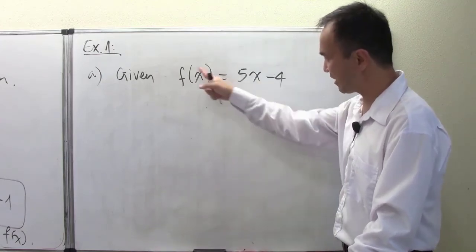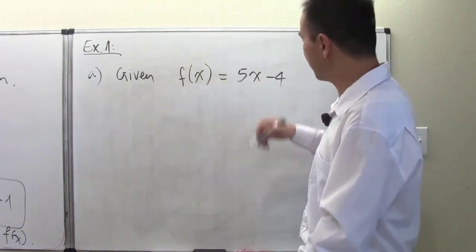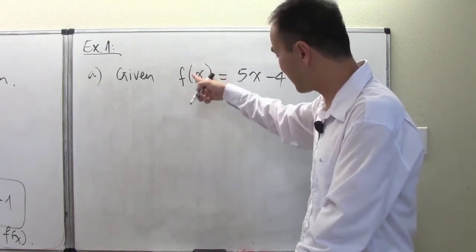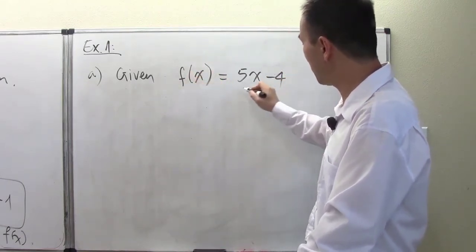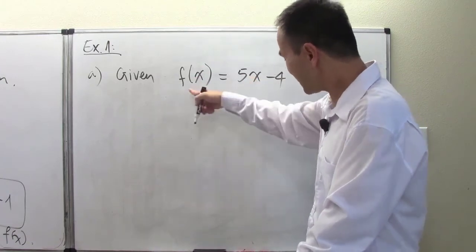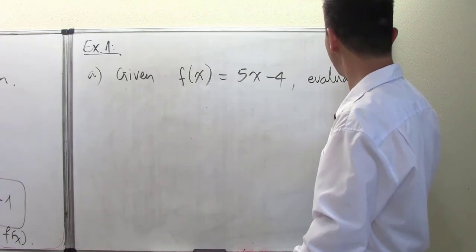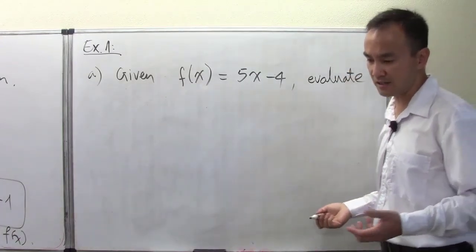So we have a function defined; another way of saying it is our function f of x is defined to be 5x minus 4. This is the rule. That's the function.